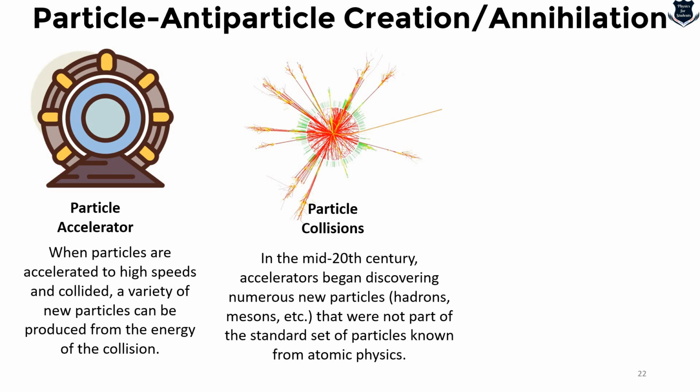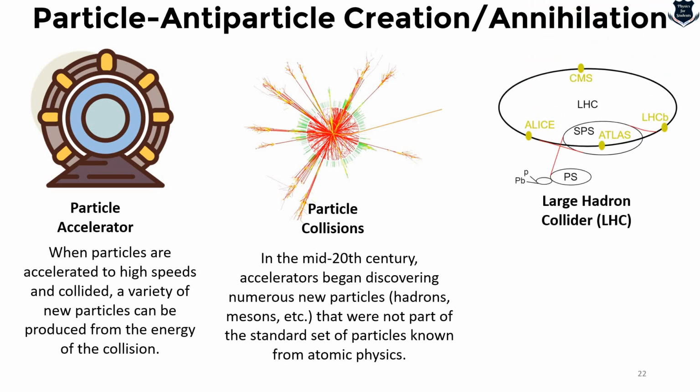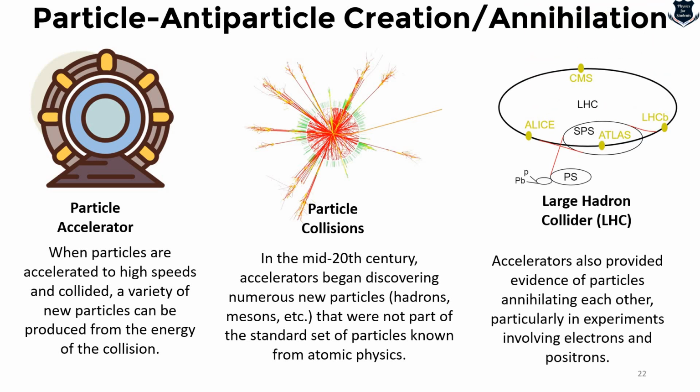The proliferation of discovered particles indicated that high energy collisions could create a variety of particle-antiparticle pairs, necessitating a theoretical approach that could handle varying particle numbers. And the Large Hadron Collider. These annihilation events, where the particles disappear and their mass is converted into energy, which is generally gamma rays, reinforce the concept of particle-antiparticle pairs and the need for a theory that describes both creation and annihilation.